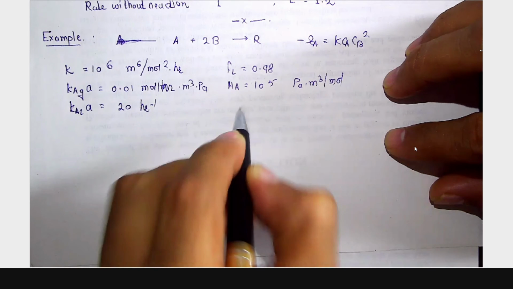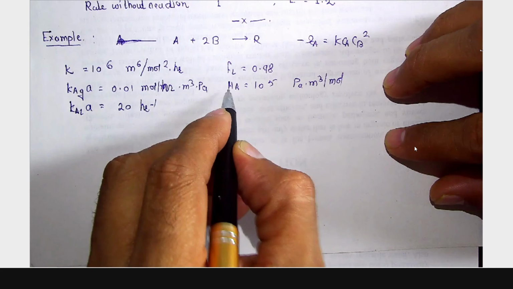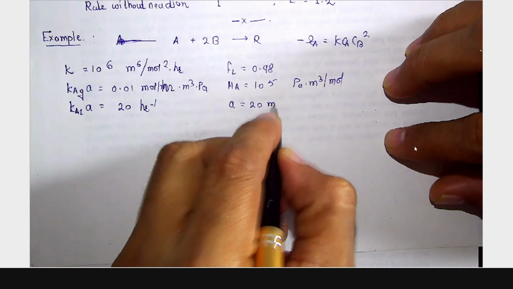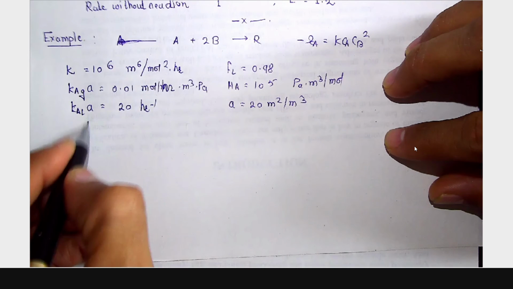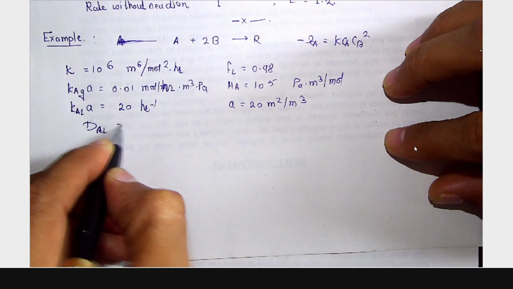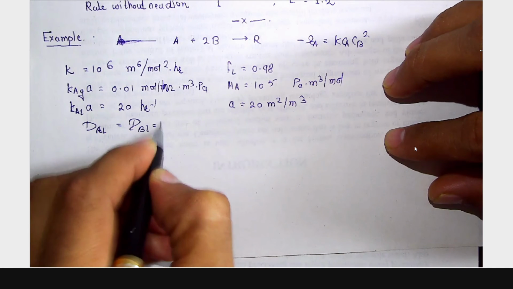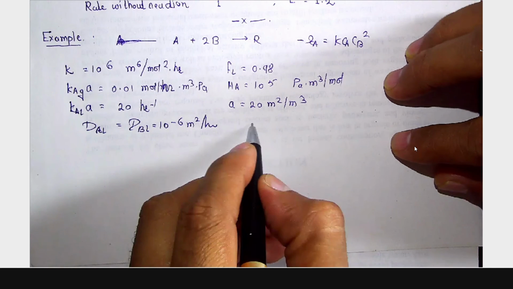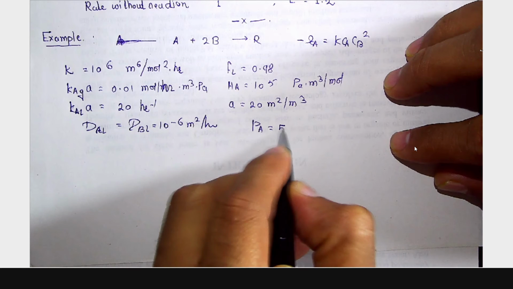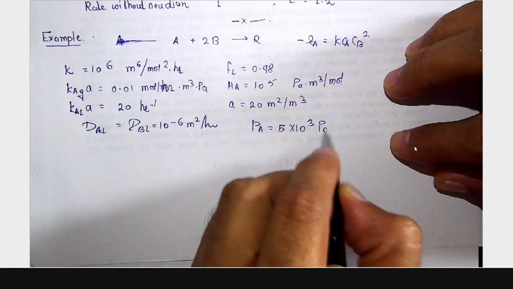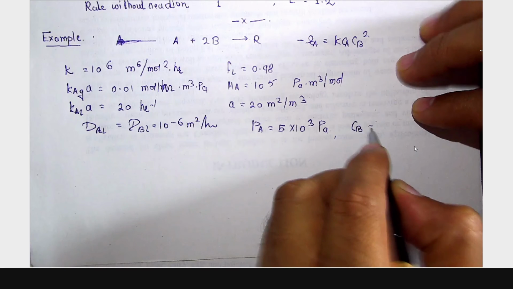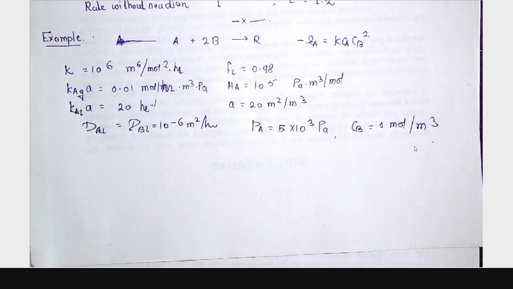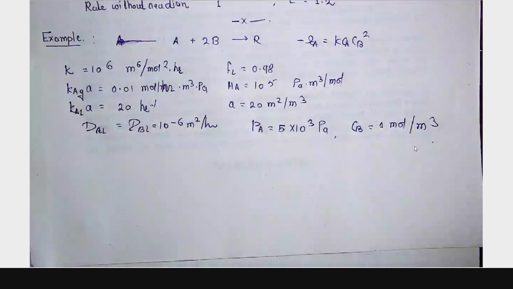So very low solubility. High value of HA, that means low solubility. A is equal to 20 meter square per meter cube. Diffusivity is given, and at a particular point, this PA is equal to 5 into 10 to the power 3 Pascal and CB is equal to 1 mole per meter cube. So this is the given data that we have to use it.